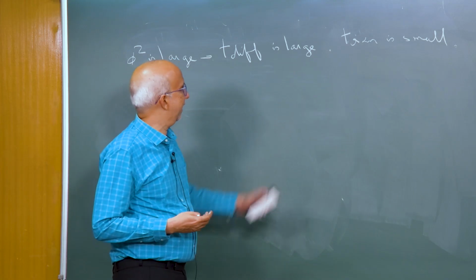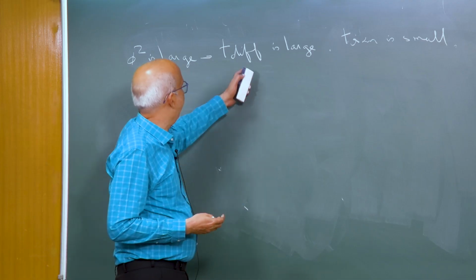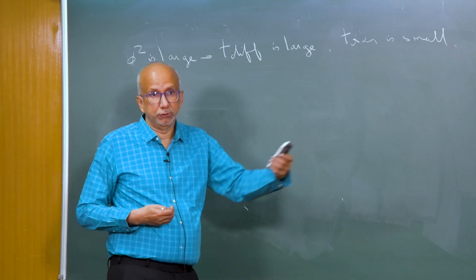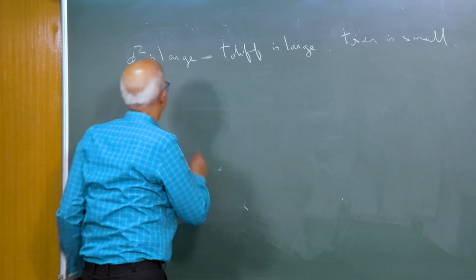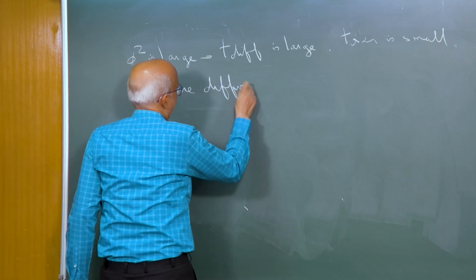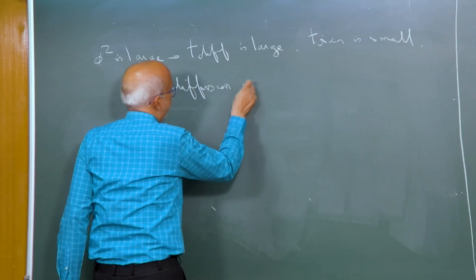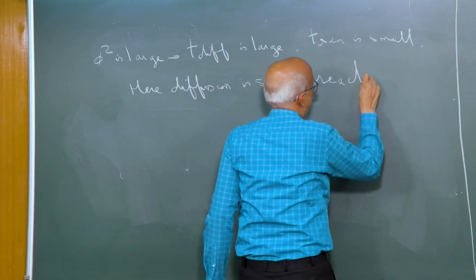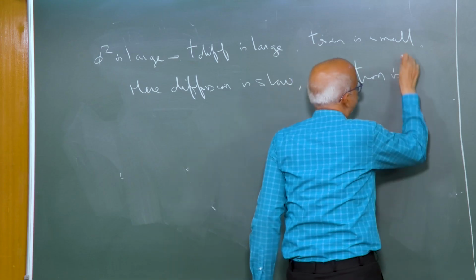In this case, the reaction is fast, and T diffusion large means it takes a lot of time to diffuse. So, diffusion is very slow. Here diffusion is slow, reaction is fast.